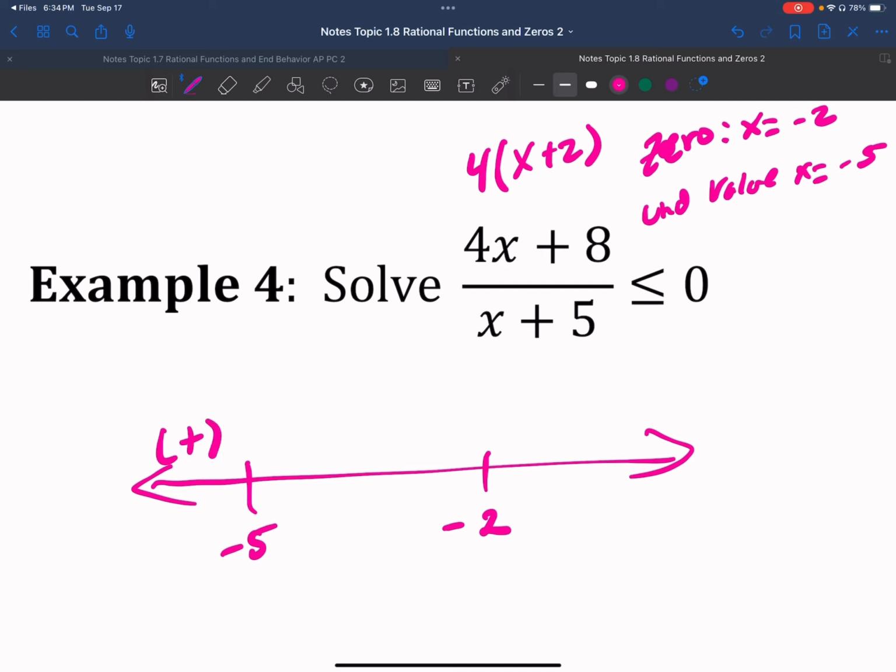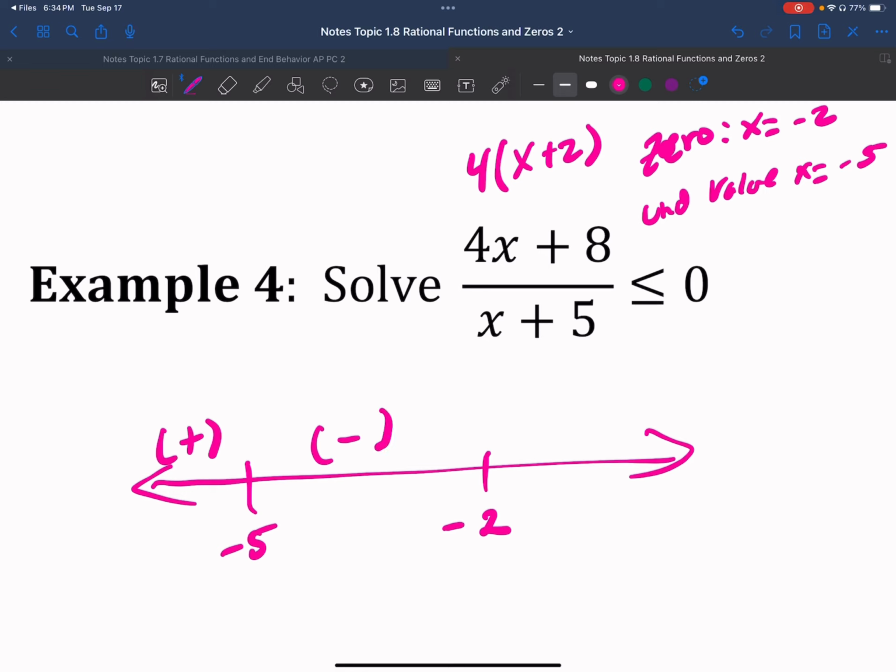For the next part of the interval, I'm going to pick a number between -5 and -2, like -3. So again, 4 is always positive. -3 plus 2 is going to be negative. And then for the bottom one, -3 plus 5 is going to be positive, giving me a final answer of a negative interval for that one.